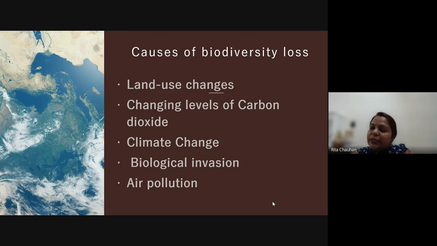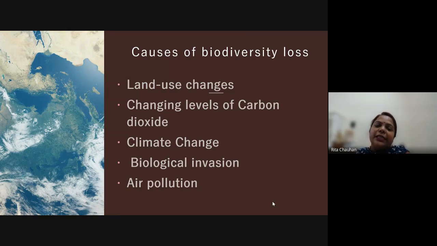Similarly, if there is less rainfall, the plants and animals will die, and if they die before reproduction, their population will decrease. Slowly, because of these changes, there is a shift in the plants, animals, birds and reptiles, and there is overall loss of biodiversity.